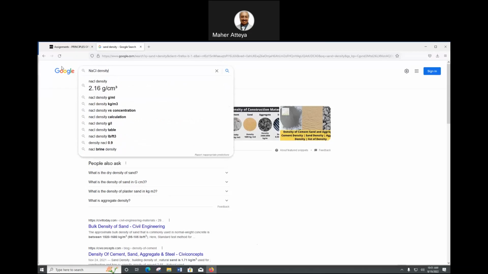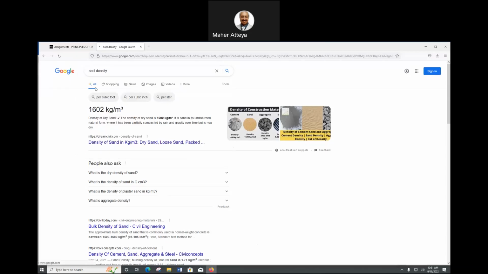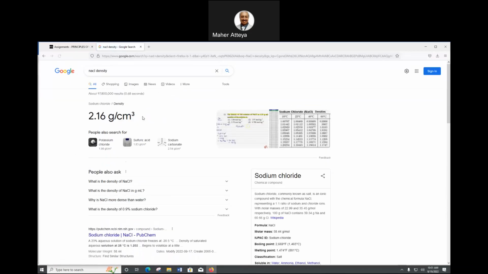Why I'm showing this to you, because this one here, you know how you did it. It comes to discussion, then you can say, okay, according to the literature, sodium chloride density is 2.16 gram per centimeter cube. However, I got this. So maybe the source of error, I'm off from this value because of this.